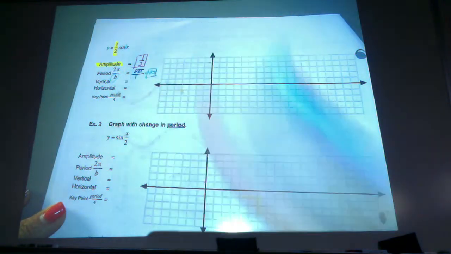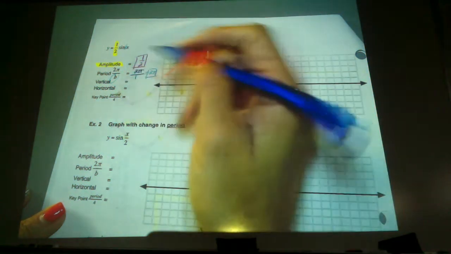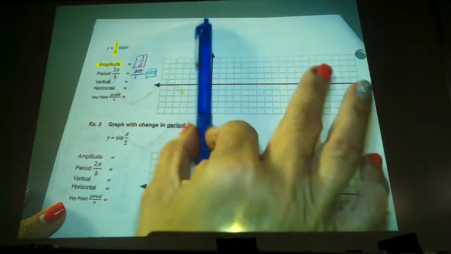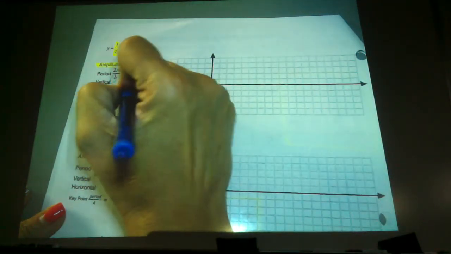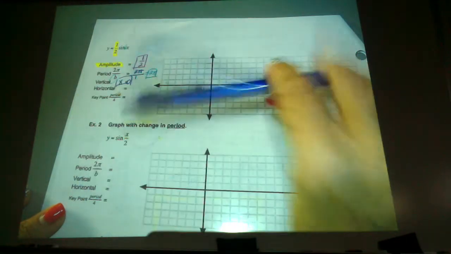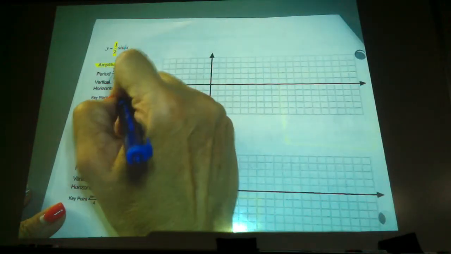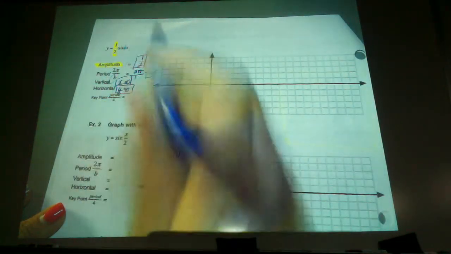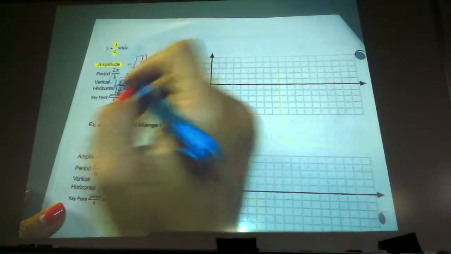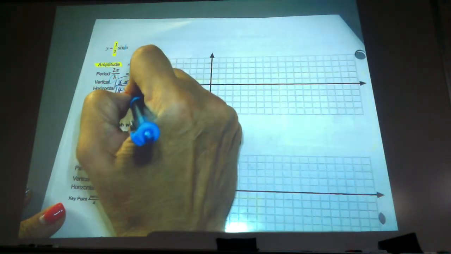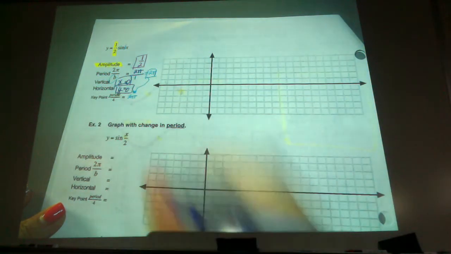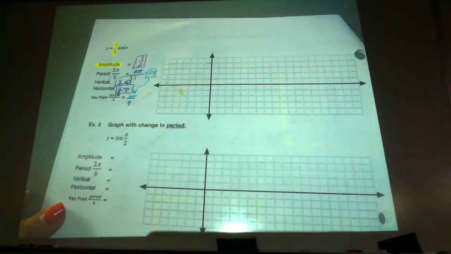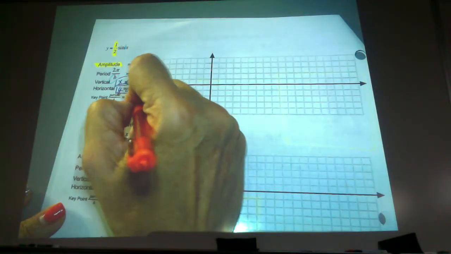So is my vertical and horizontal shift changed? No. Vertical is x equals 0, and horizontal, y equals 0. To get your key point increment, you're going to take your period of 2 pi that we calculated, and 100% of the time you're going to divide it by 4. Doesn't that give us again pi over 2?